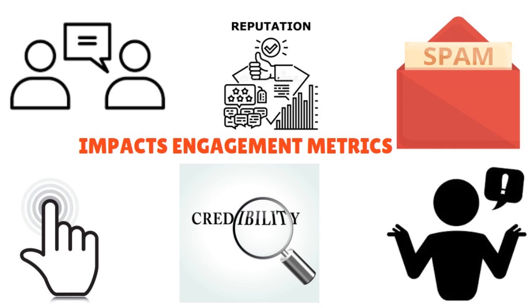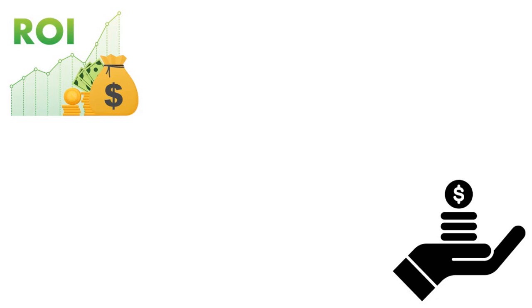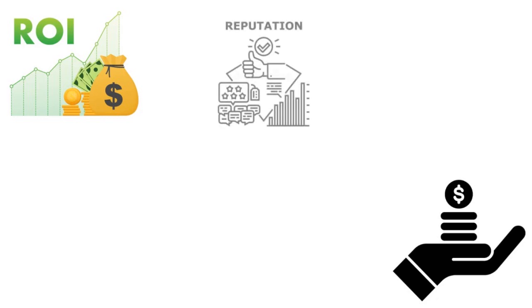Also, your sender reputation drives ROI for email campaigns. A strong sender reputation gets you higher deliverability rates, and every percentage point in deliverability translates to better campaign performance and profitability. Also, you are avoiding an email embargo in the first place. So if your reputation is too low, you risk being embargoed by ISPs or spam monitoring organizations.